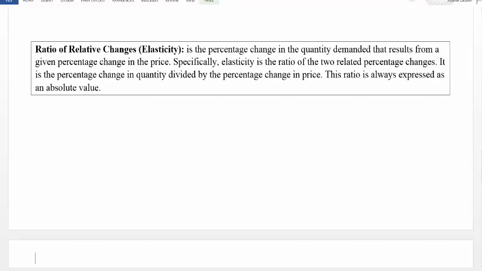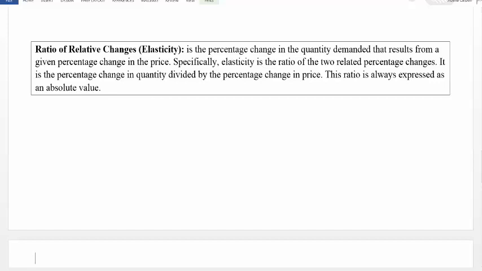We can find the change in price and also reflect that as a percentage. This ratio of the percentage change in quantity divided by the percentage change in price is always going to be expressed as an absolute value. So this number is the elasticity, and it's a factor that we use to make decisions in businesses.